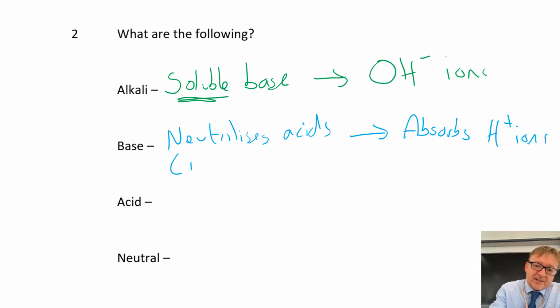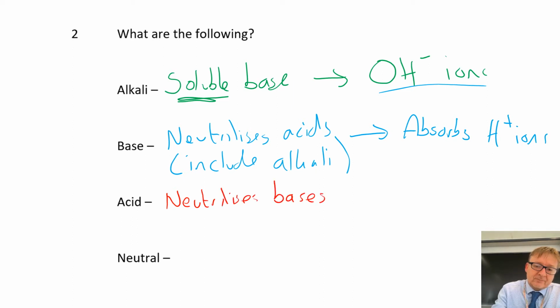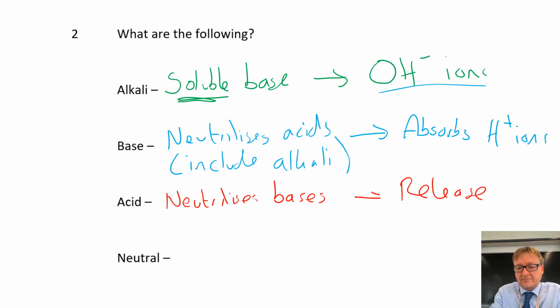And bases include alkalis. Alkalis produce OH minus ions, which then combine with H plus ions to make water. A base neutralizes acids, but it doesn't necessarily have to be an alkali. An acid neutralizes bases, and the way that it does that is it releases H plus ions.